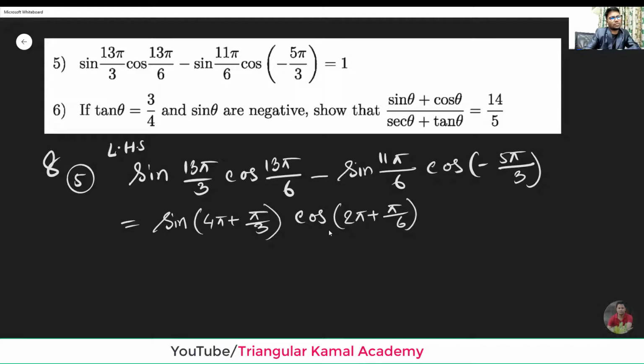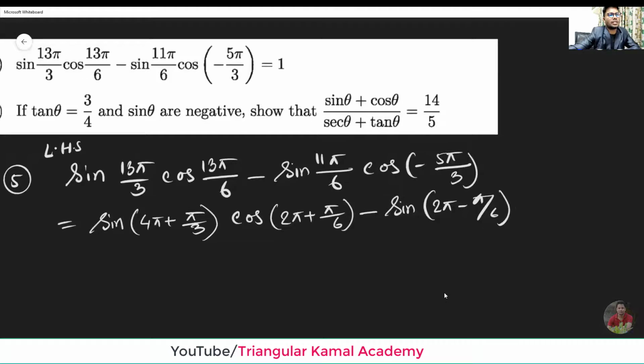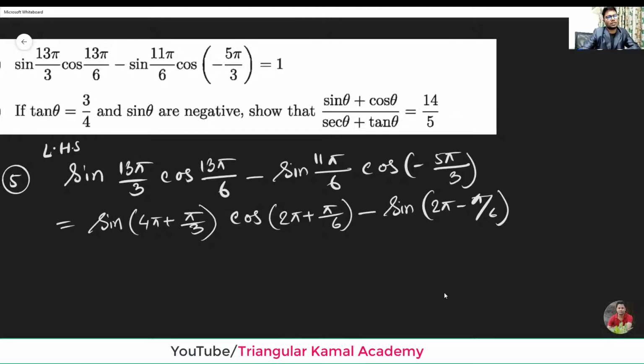Here, 11 pi by 6 means 2 times pi minus pi by 6. And 5 pi by 3 we can write as 2 times 3 is 6, minus 1, so 5. So cos, twice pi minus pi by 3.